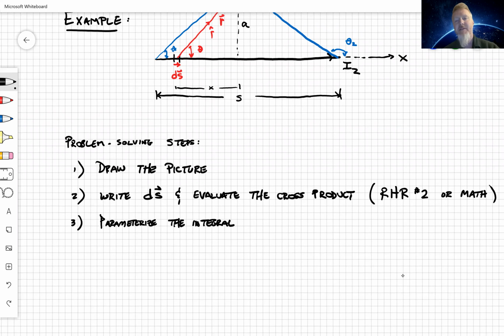And whenever you have a dx cross r hat, there's kind of weird stuff that happens, like a sine of an angle is involved. So if I have stuff like that, it might make it easier to integrate via the angle. So think about maybe a parameterization of the integral as a useful thing. If it's not, then don't do it. But if it is, then do it. Parameterize the integral and integrate on the wire.